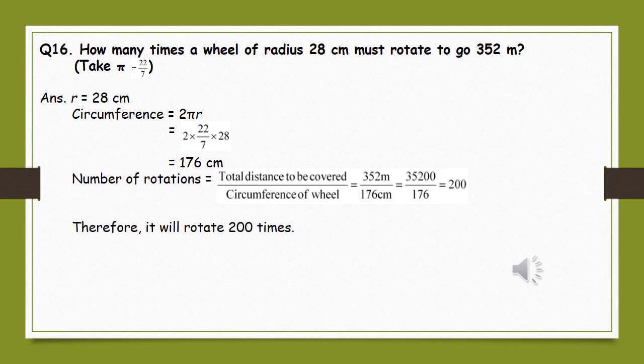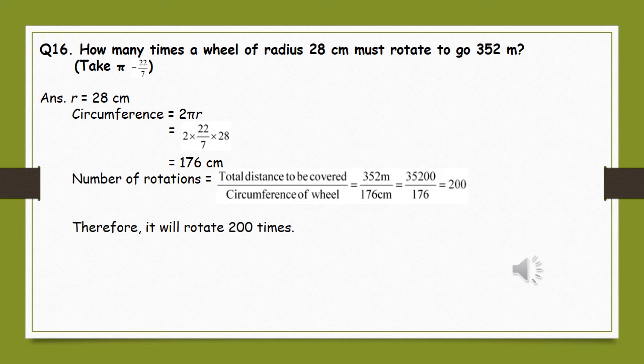Here we have to note down one important thing, that total distance is given in meter, but the circumference was found in centimeter because the radius was provided in centimeter.